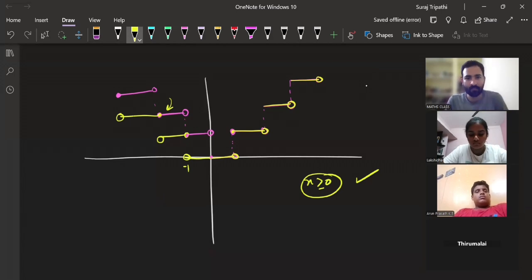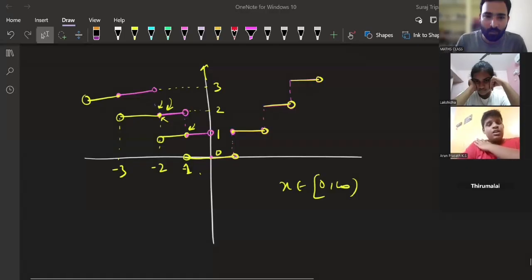This side is an open circle. So tell me the values of x for which both are equal on the left hand side of the graph. Only at integers. If you take -1, both functions have the same value. If you take -2, both have the same. They are intersecting at one point here.